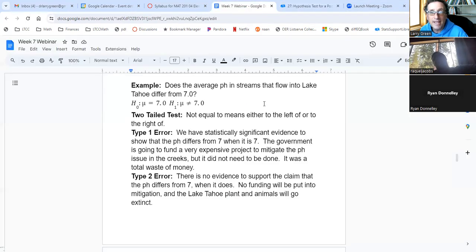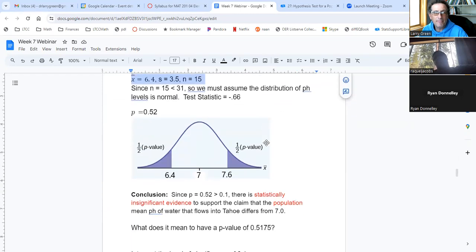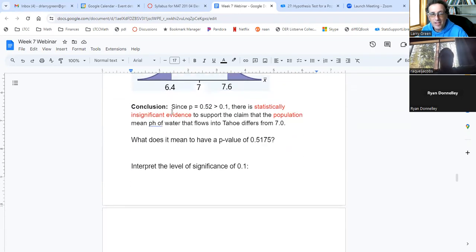All right, so now let's go back. So the conclusion: we have our p-value is 0.52, which is really big. So there is statistically insignificant evidence. Sometimes you'll also see insufficient. Those are the two words you'll see for when you fail to reject, to support the claim that the population mean pH of water that flows into Tahoe differs from 7.0.